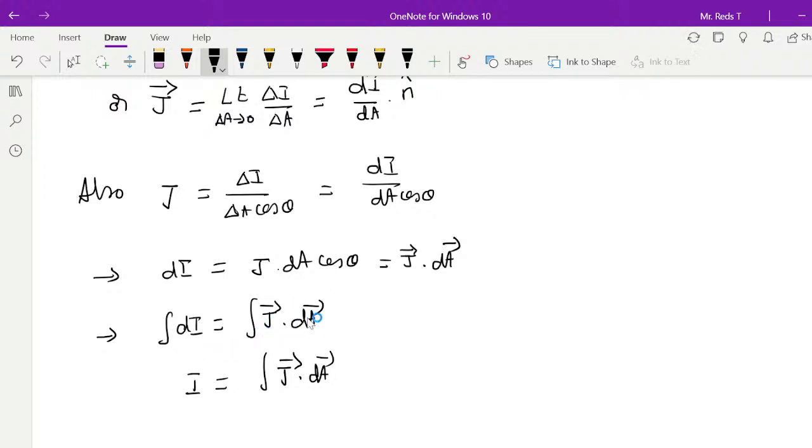Yes, something has happened to this. One note. Let me close this and open.